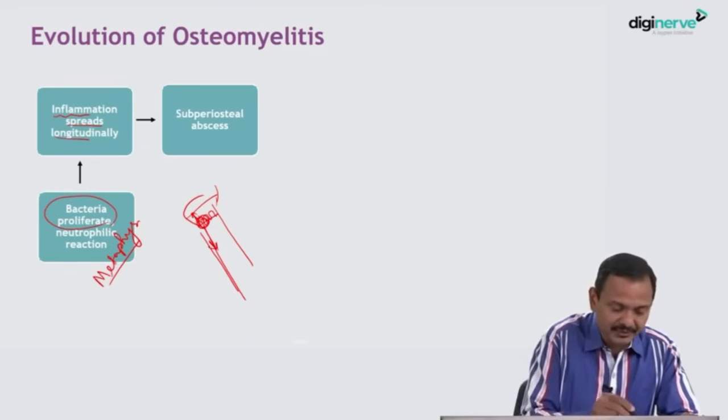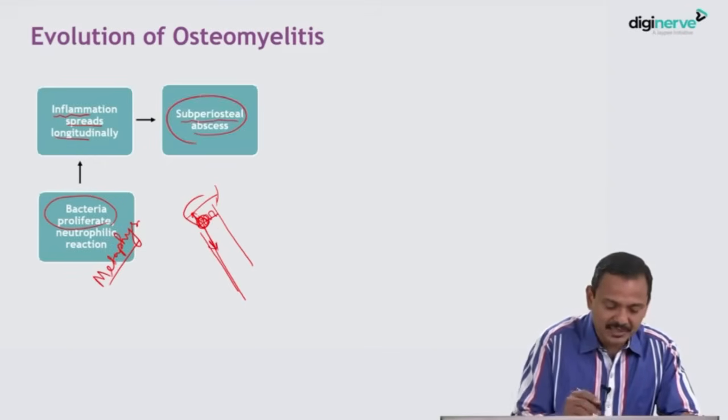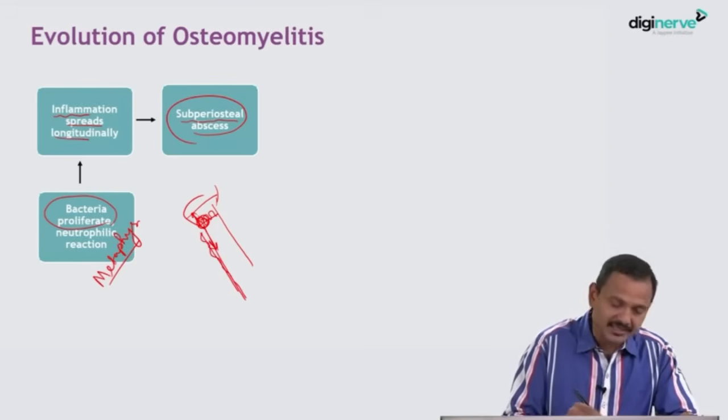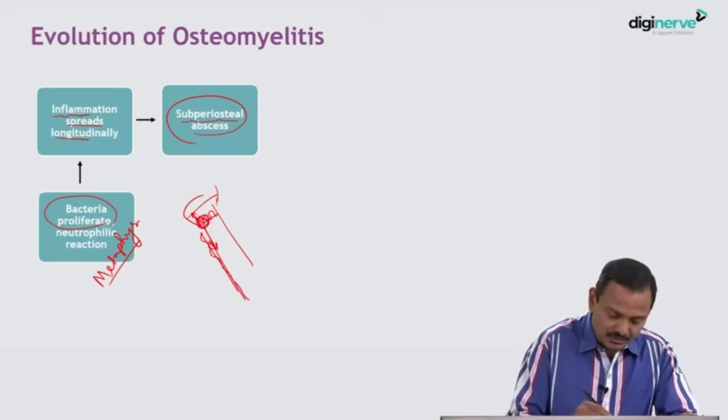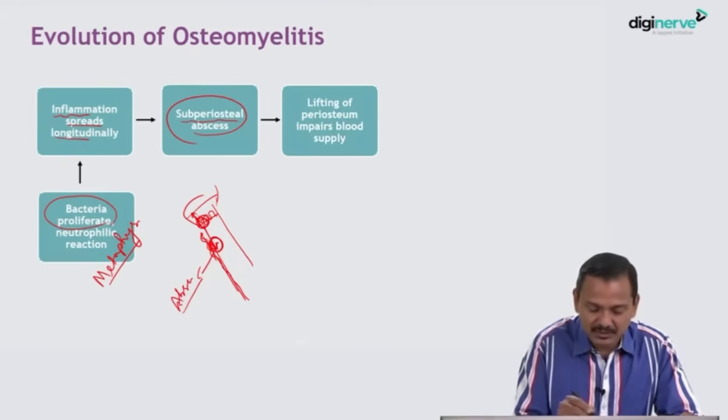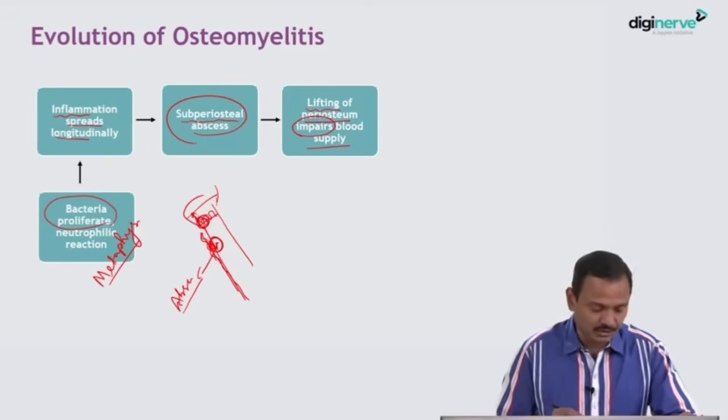Okay? Then this inflammation becomes bigger and forms a subperiosteal abscess. Subperiosteal means below the periosteum. I have already told you periosteum and endosteum. So, below the periosteum there will be an abscess. Once there is a periosteal abscess, what will that do? That will lift the periosteum and that will impair the blood supply to bony tissue.